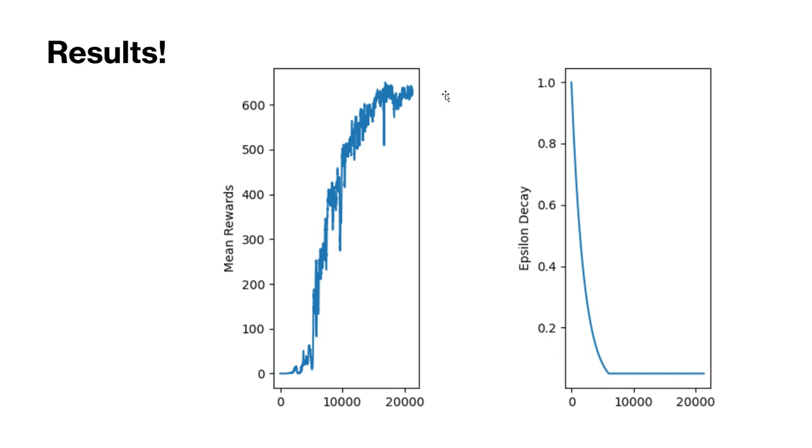It took about 20,000 epochs to train this whole thing, and on the right you can see our exploration decay over epochs. You can see at about 6,000 epochs is when our controller was exploring at a 5% rate. And I found that was just enough exploration that we could keep making progress, but not too much that our system was unstable.